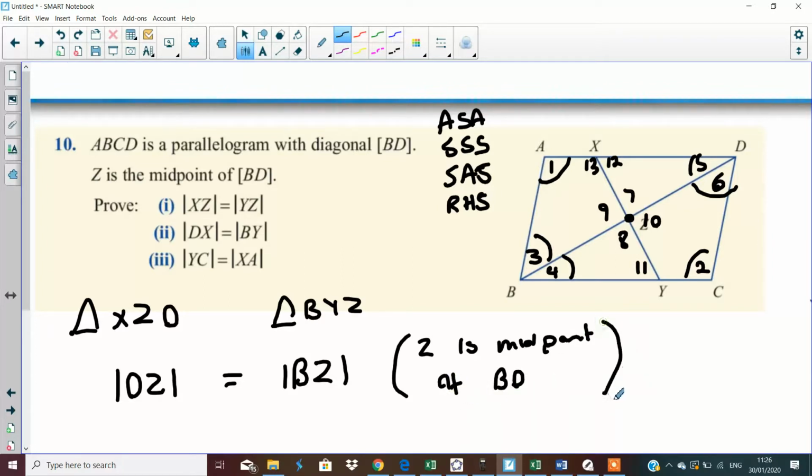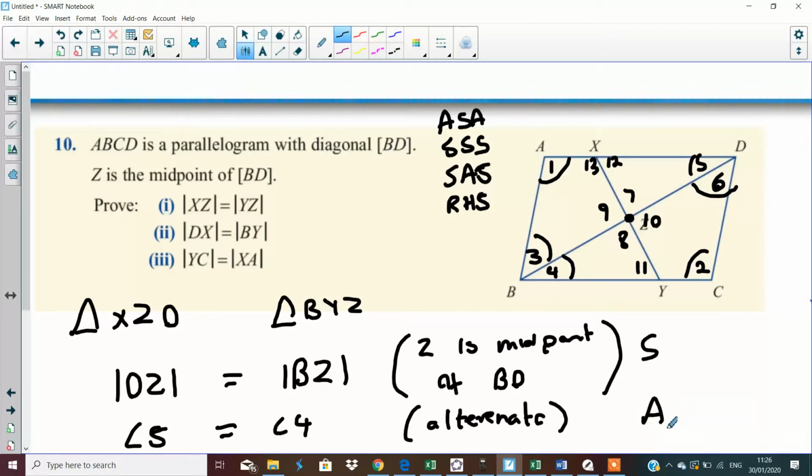Now, let's see if there's any angles I can obviously state. I'm going to say angle 5 equals angle 4. Any reason why? Alternate. Good job. Okay. So I currently have an S and an A. Now if I could lock in something else, I'd be in business here.